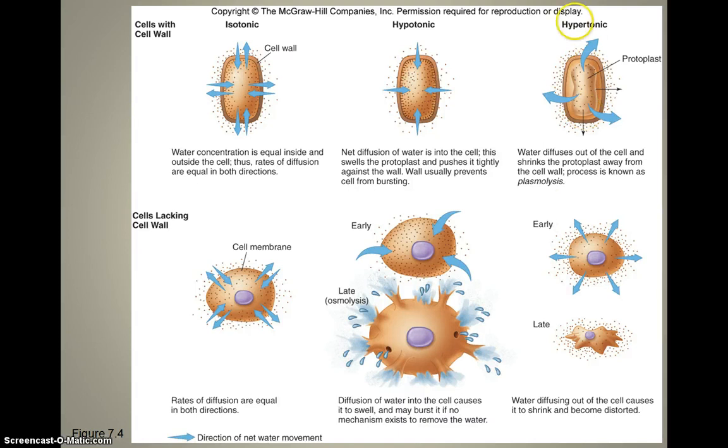Now, in a hypertonic situation, the water wants to leave because there's more water inside than outside. And if that was allowed to happen without a cell wall of some sort, then that cell would desiccate or dry up.